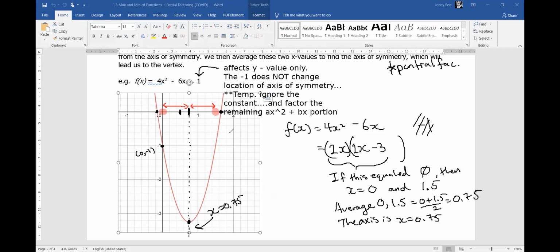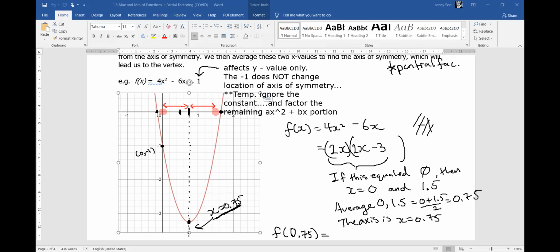How do you find the y value? Well, we have the vertex x value. Think of chapter 1.2. If you have the x value, you don't make it a 0, you just plug it in. What is f of 0.75?